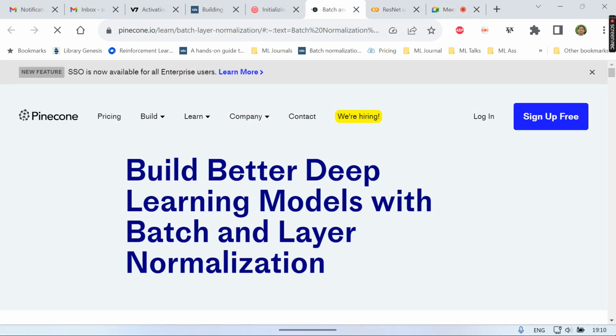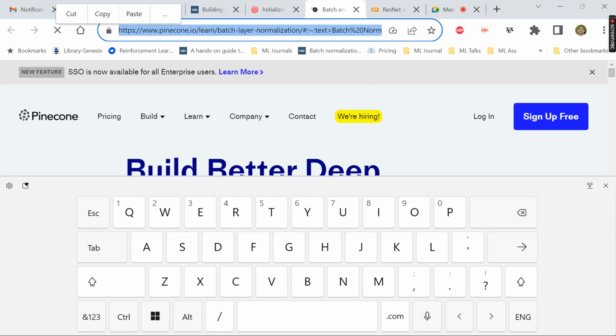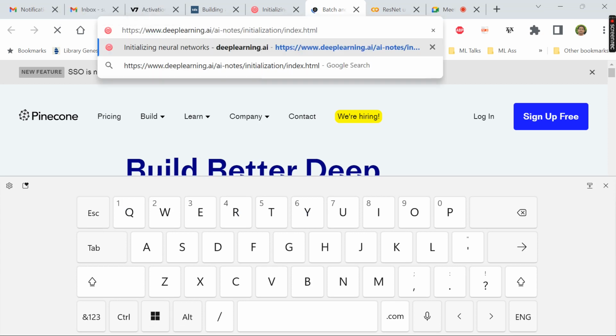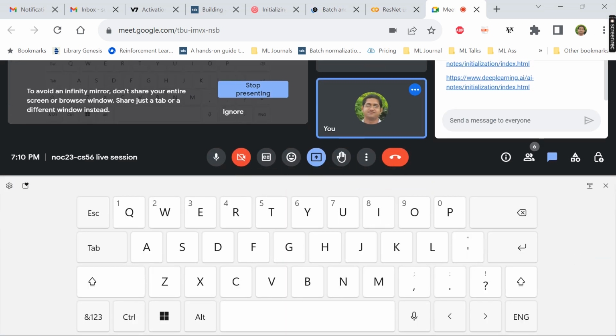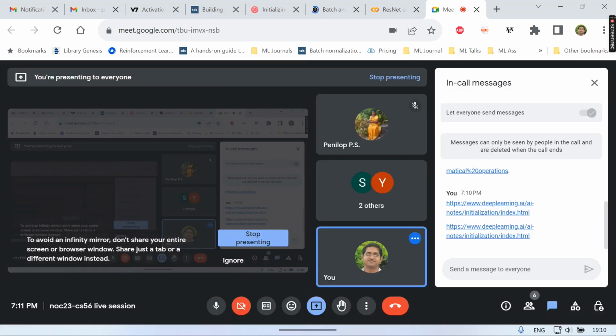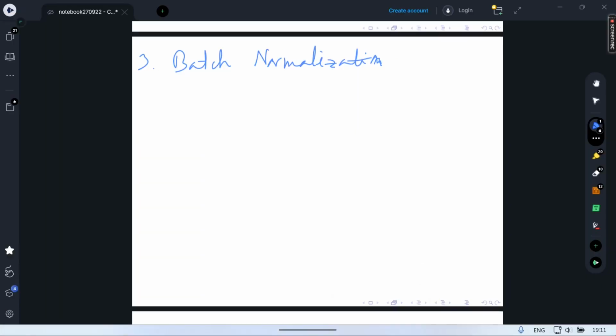And for batch normalization, you can follow this blog post. It gives a very good introduction to batch normalization.